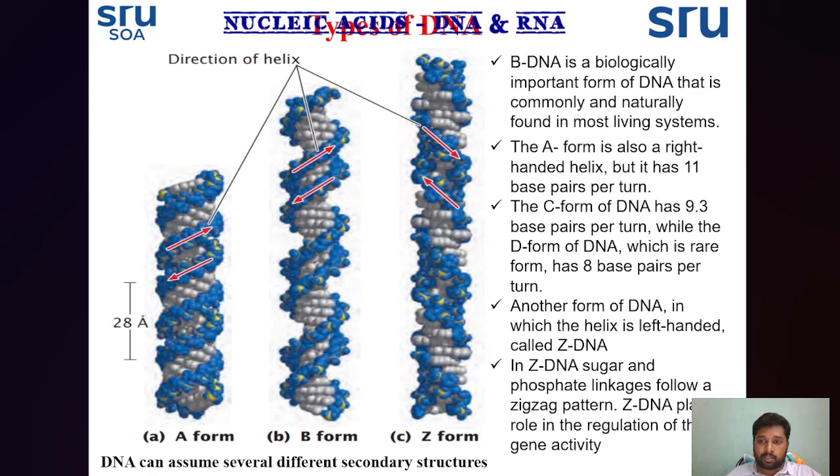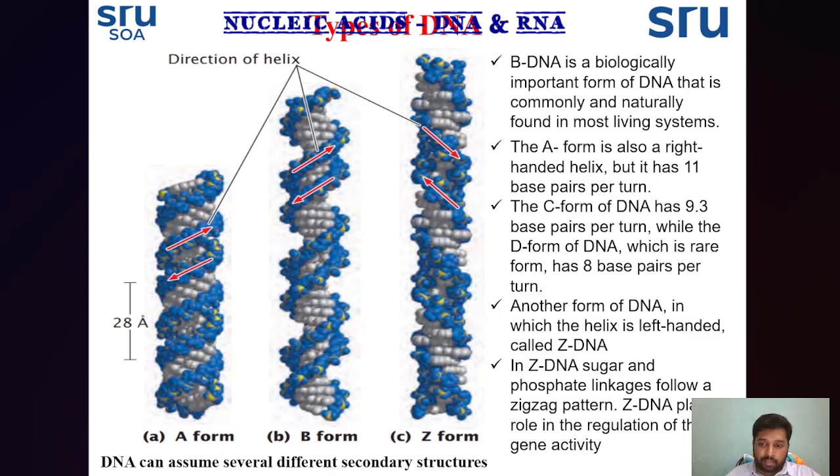The C form has 9.3 base pairs per turn, and the D form of DNA, which is a rare form, has only 8 pairs per turn.